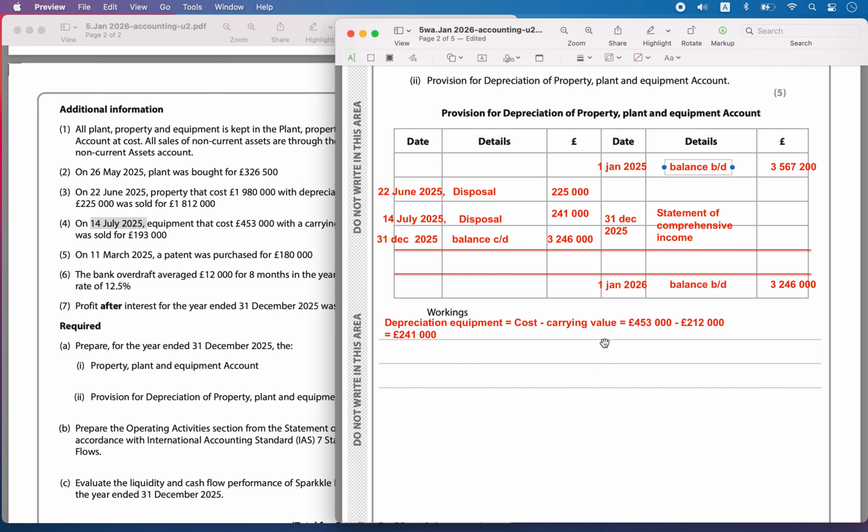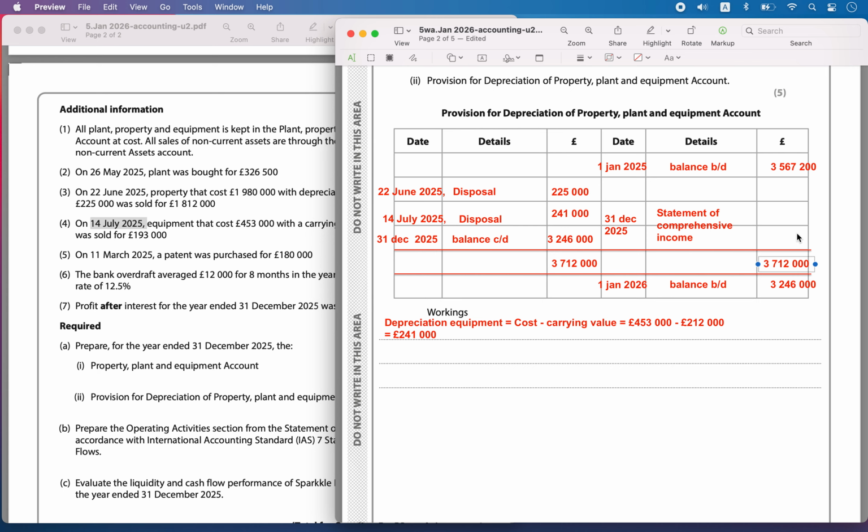So now let's add up on this side. 225,000 plus 241,000 plus 3246,000 is going to be equal to 3712,000. Now this total of 3712,000 has to be the same on both sides.